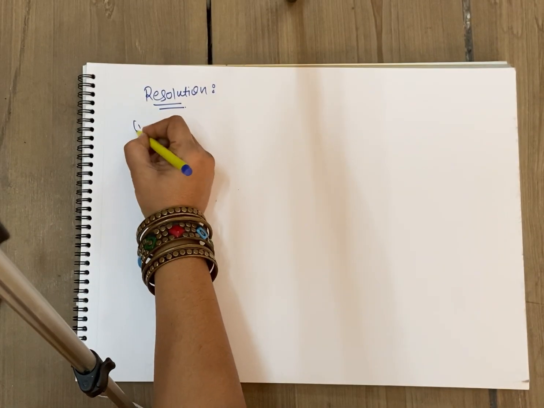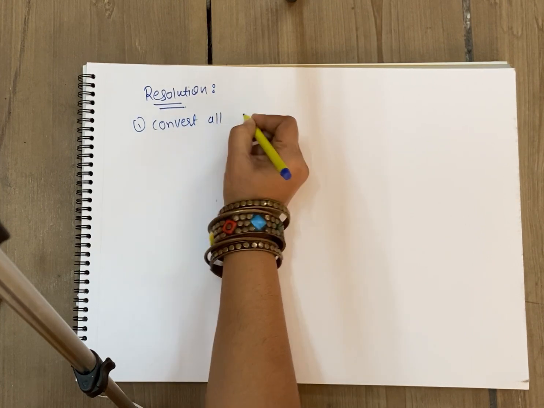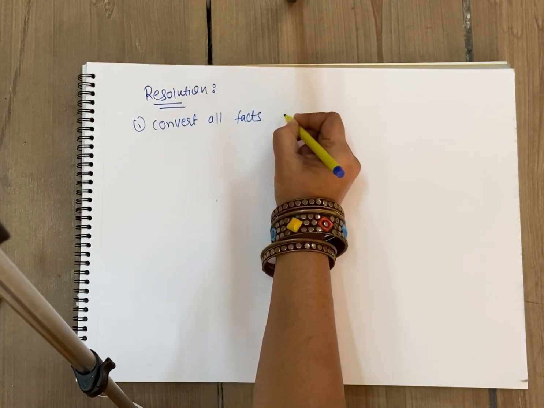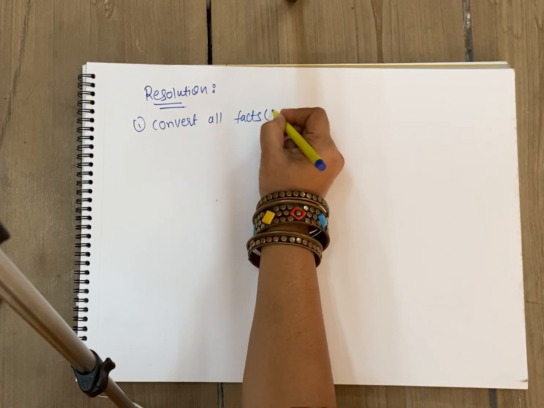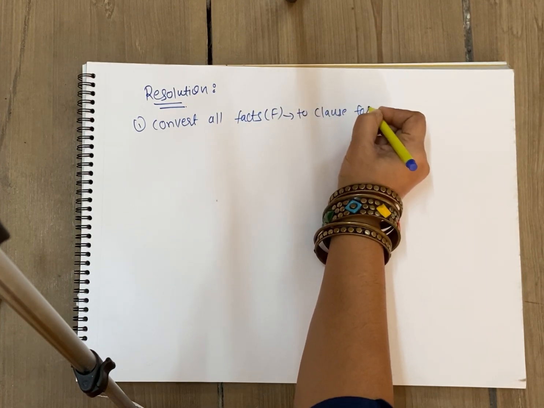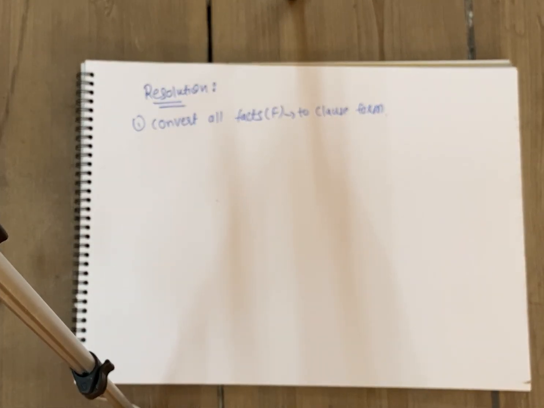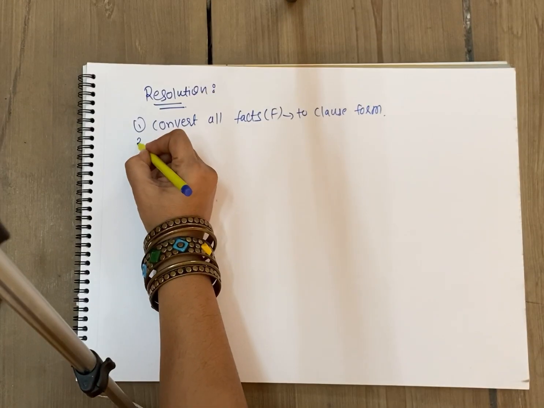The first step says, convert all the facts statements, let us say it is F, to clause form. Convert all the facts or predicates to clause form. What is the next step? Identify what goal you have.